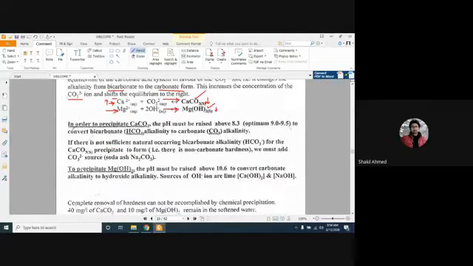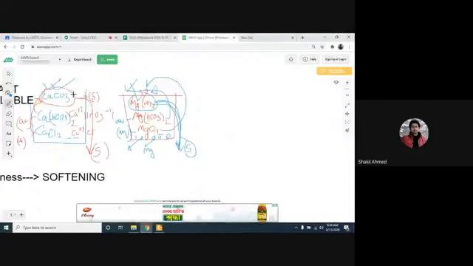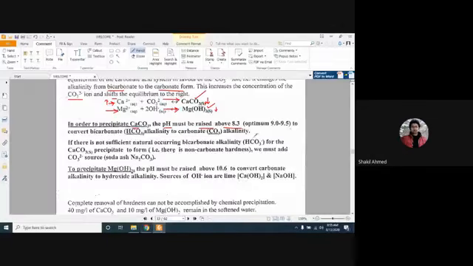So in order to precipitate calcium carbonate, the pH must be raised above 8.3. In order to precipitate this calcium carbonate, your pH must be greater than or equal to 8.3.